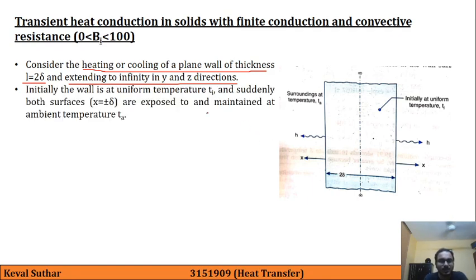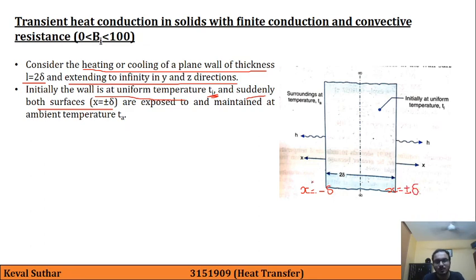Now initially the wall is at uniform temperature Ti, and suddenly both surfaces, that is, this is known as x equal to minus delta, and here x is equal to plus delta.